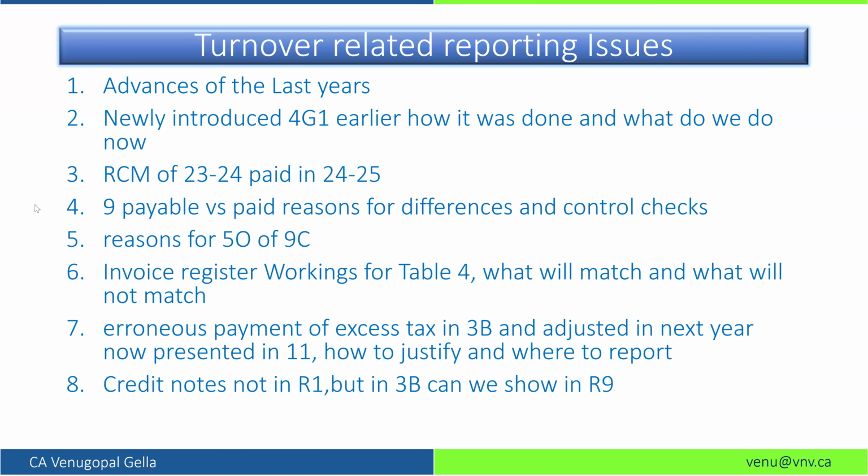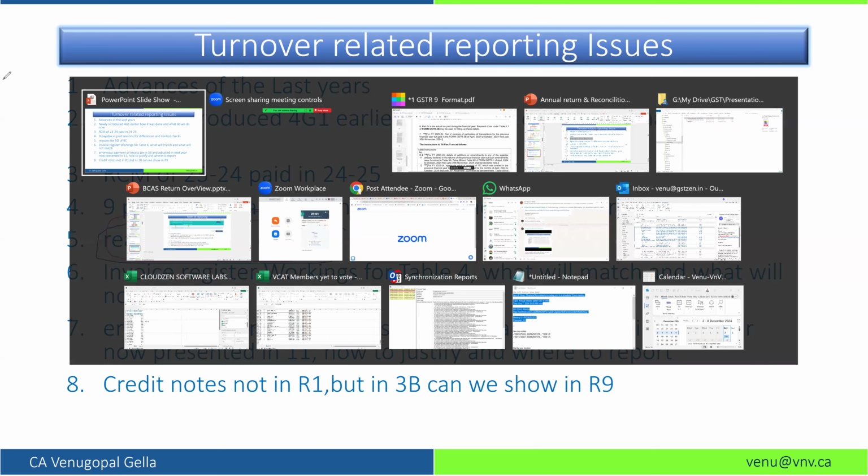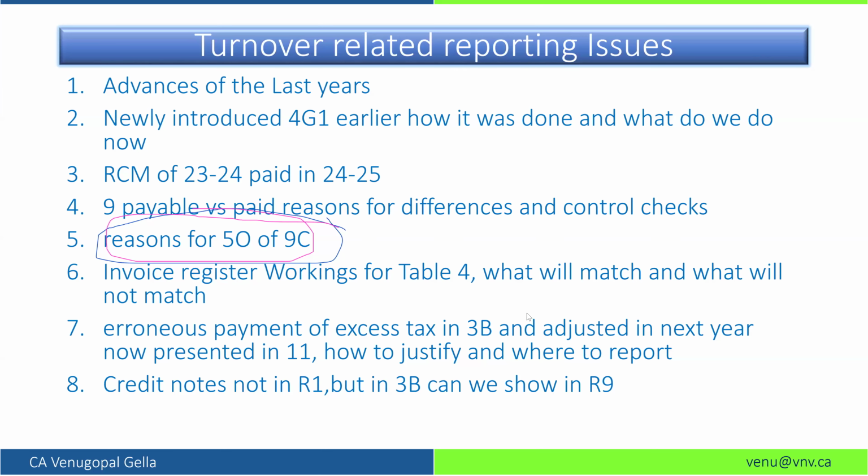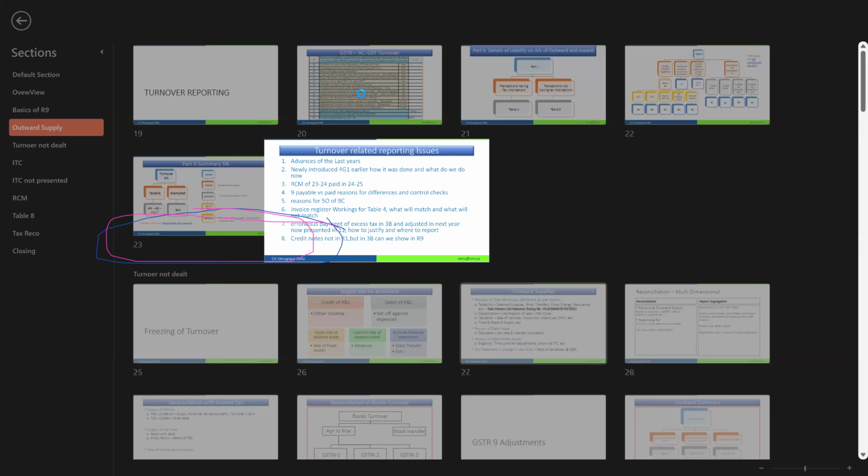Let's now look at what you will disclose in table 5O of 9C. My 5O of 9C is something people use as a table where I will put whatever I cannot fit in, or I'll put everything in one go.